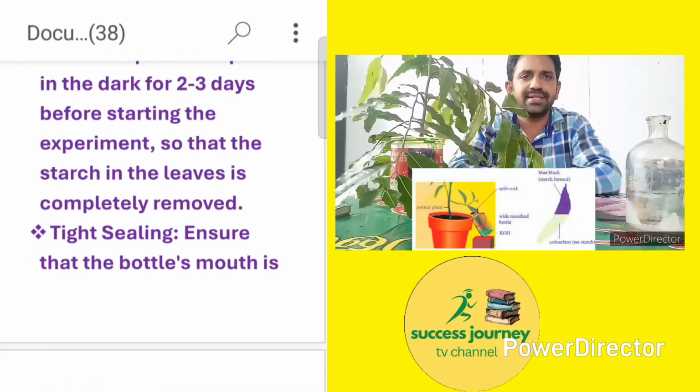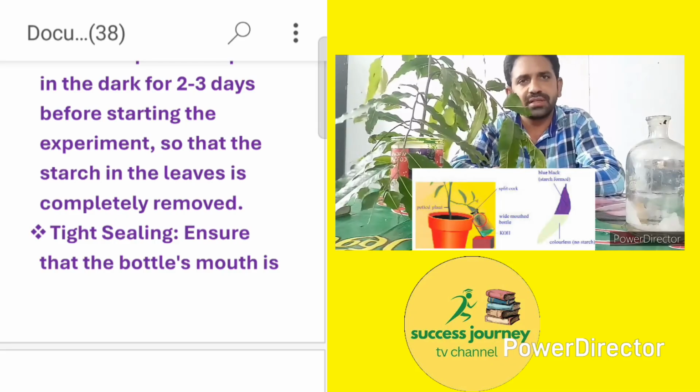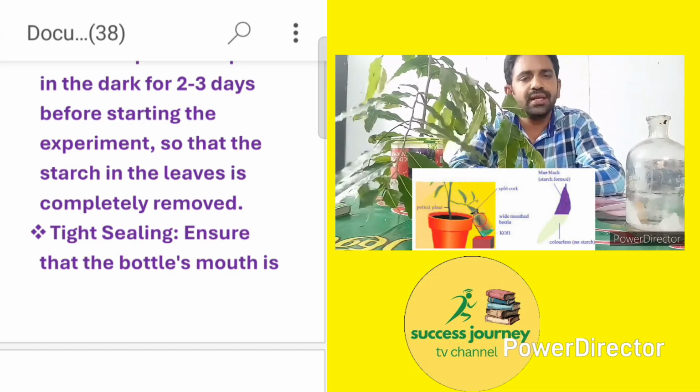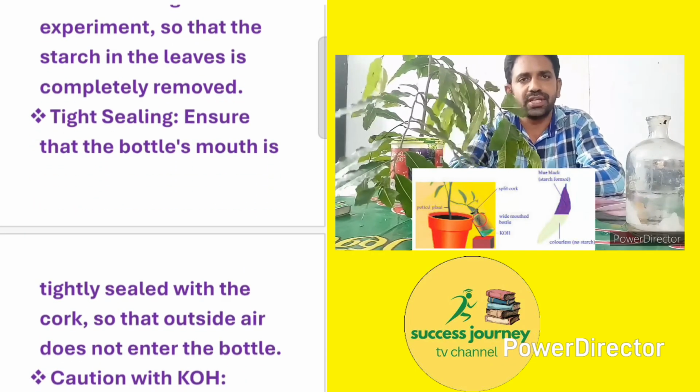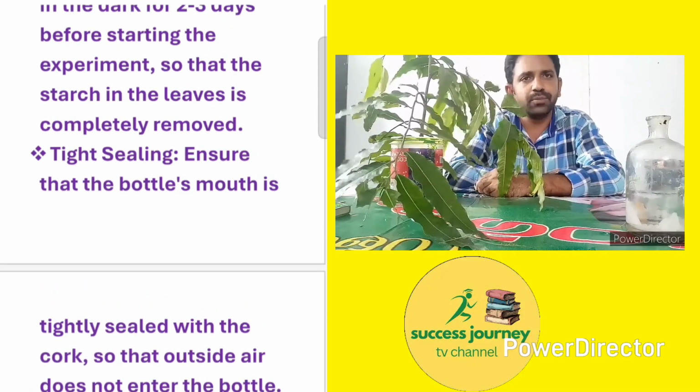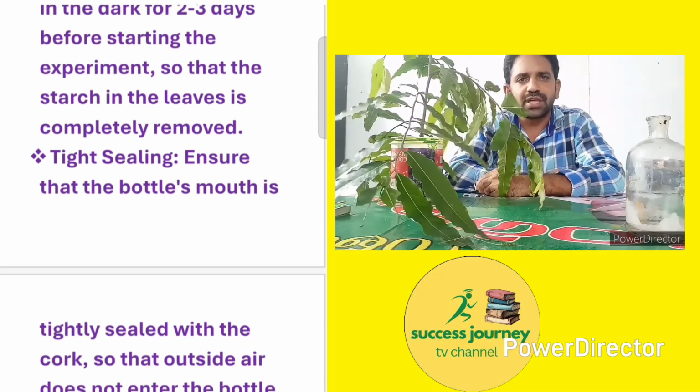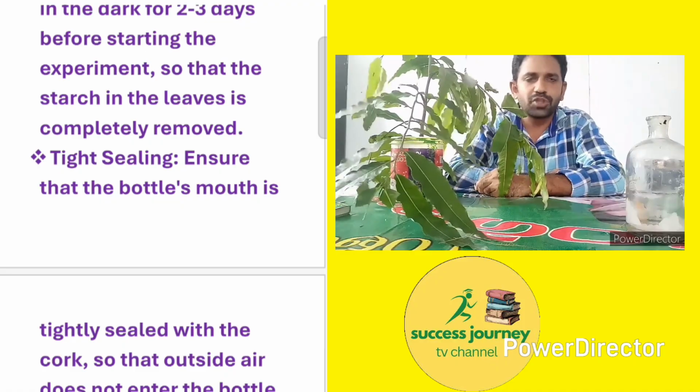So next process, tight sealing. This is also an important precaution, that is, ensure that the bottle mouth is tightly sealed with the cork, so that the outside air does not enter into the bottle. So the sealing of the transparent glass bottle is a very important process.